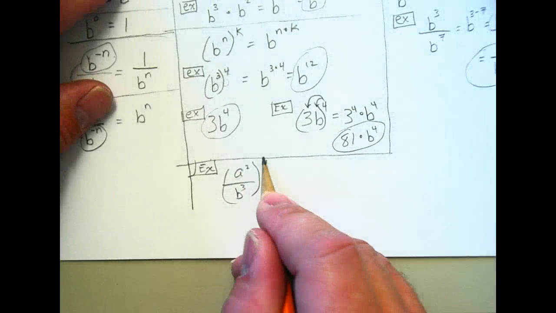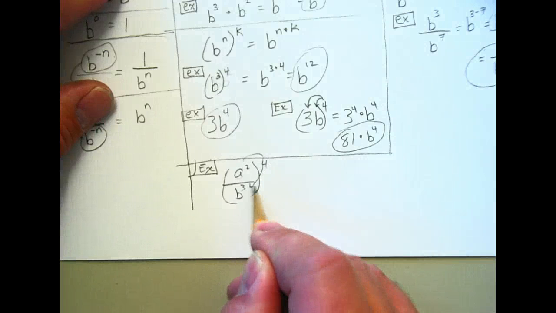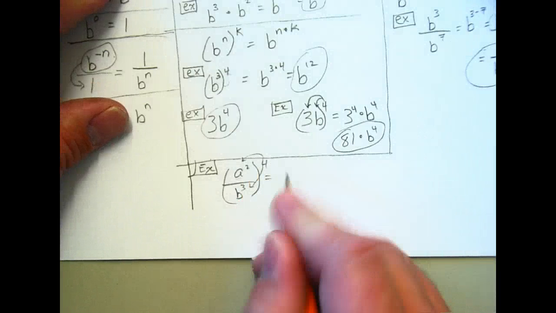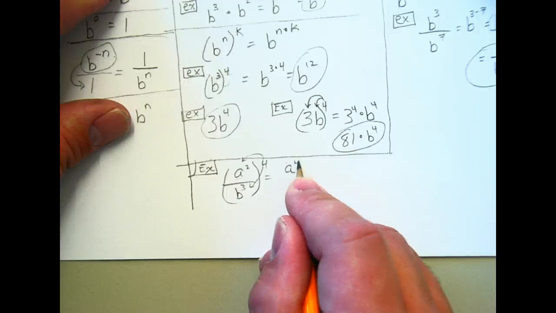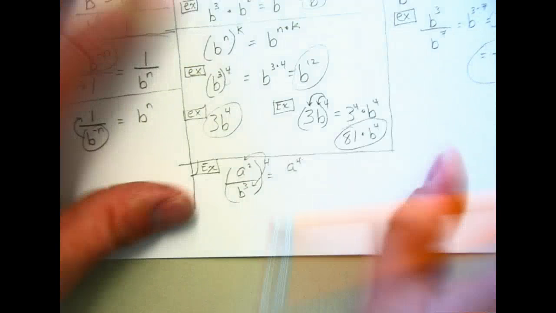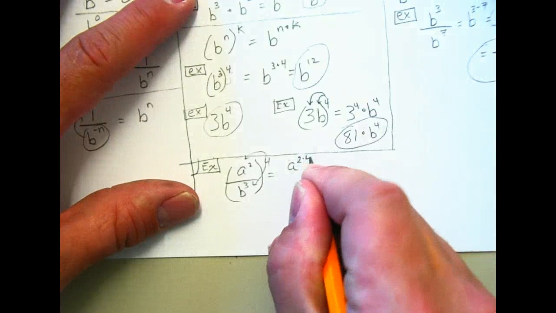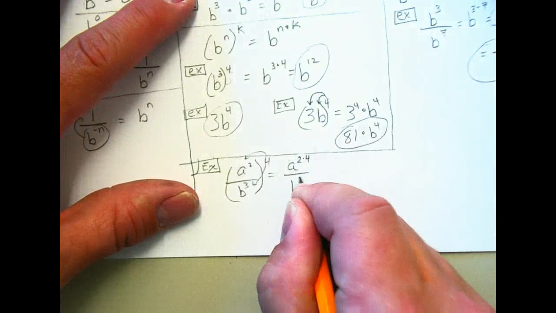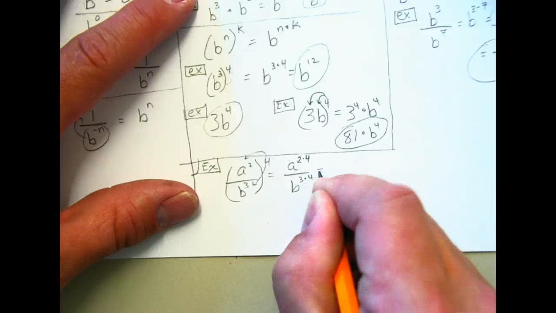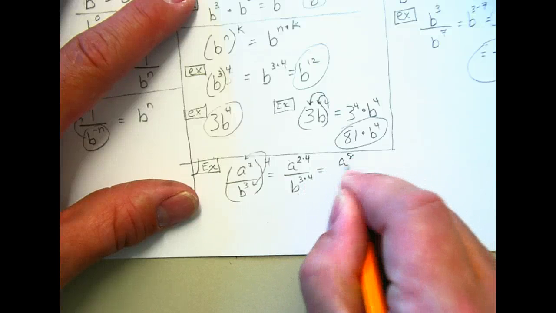You got to distribute that into each part here. That becomes a to the 2 times 4, and b to the 3 times 4. Okay, so a to the 8th, b to the 12th.